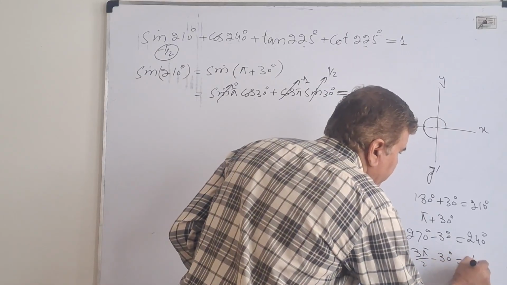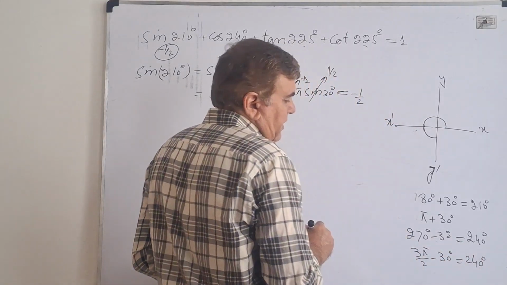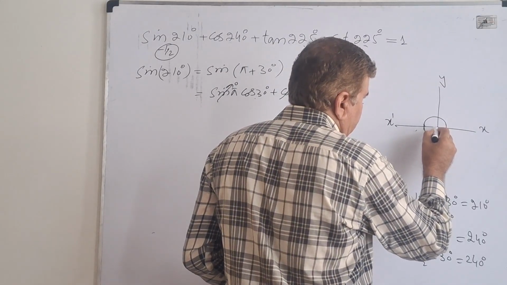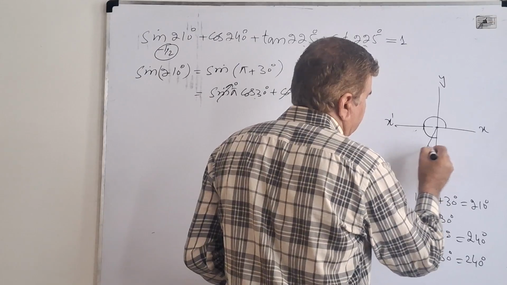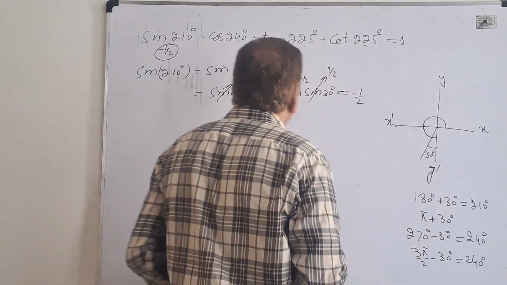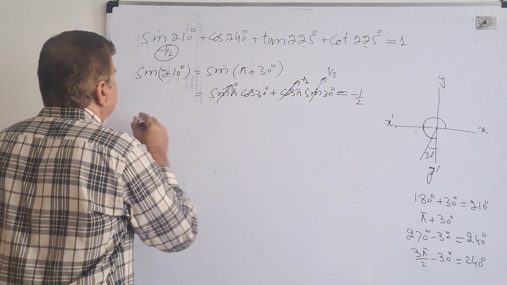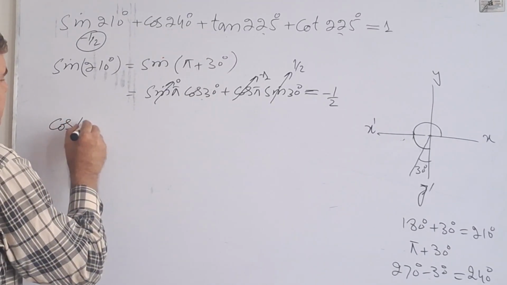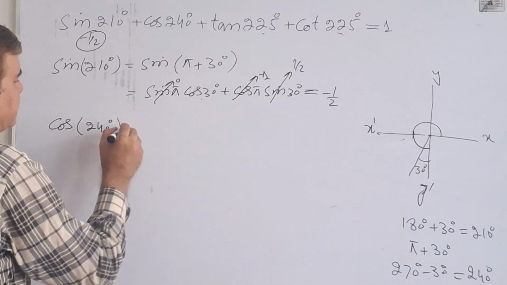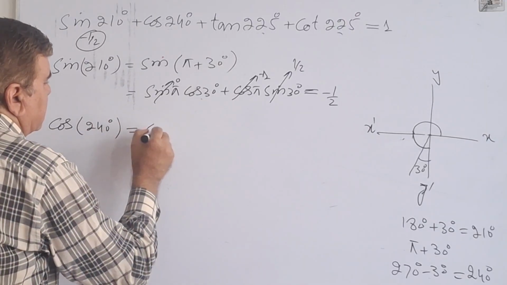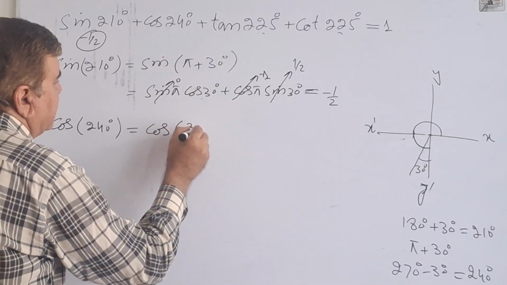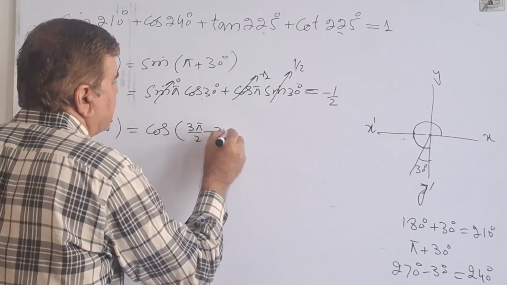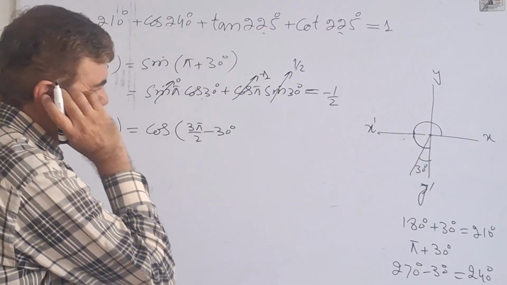That means we are at this position where this angle is 30 degrees. So I can find this term in terms of pi radian as cos 240 degrees equals cos of 3 pi divided by 2 minus 30 degrees.